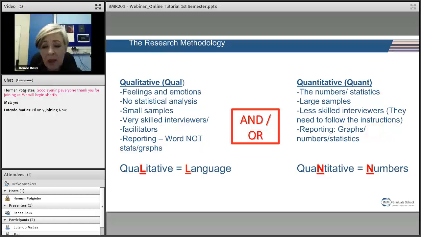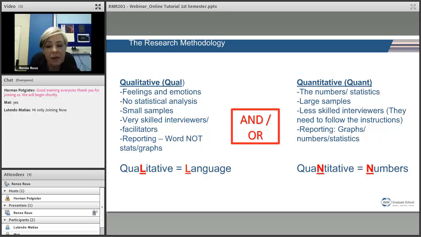Then quantitative, that's where you do the numbers game. It's all about statistics. You do large samples, never anything less than 100. Your interviewers don't have to be so skilled because it's a very structured methodology. There is a structured questionnaire that the interviewer has to follow.